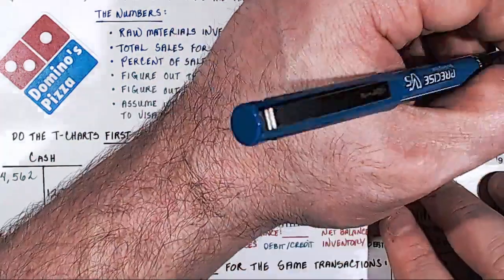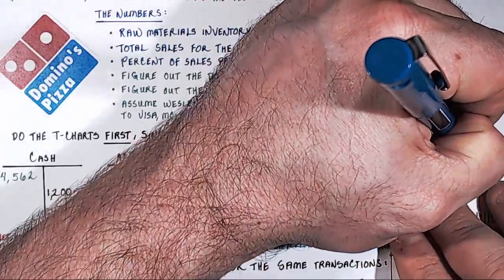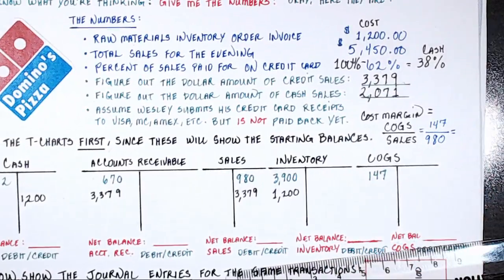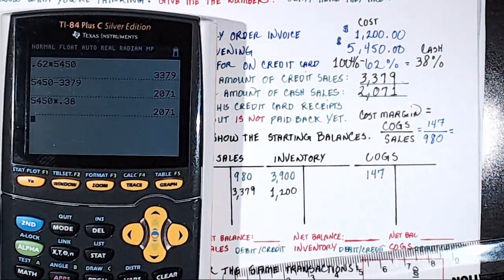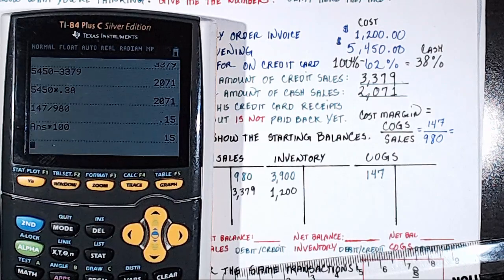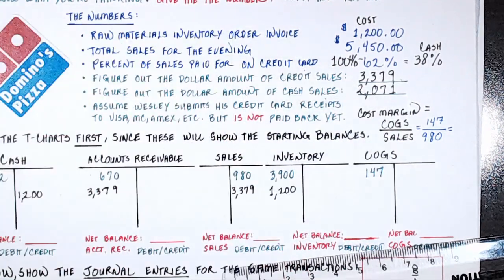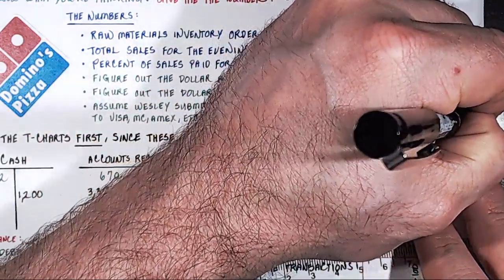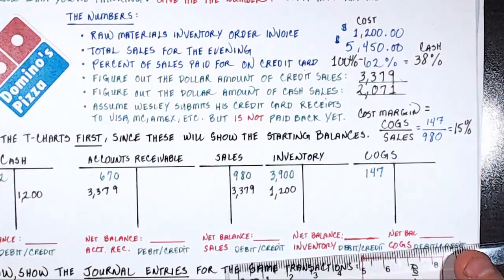So divide 147 by 980, and that will give us some percent as a decimal. The 147 divided by 980 gives us 0.15, times 100, that's 15%. So we can put 15% as our cost margin.